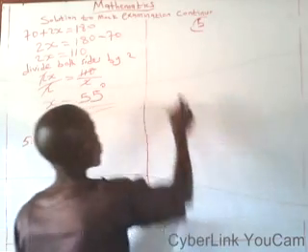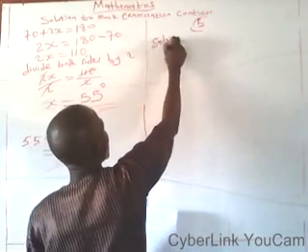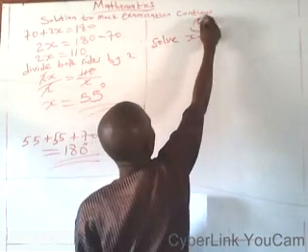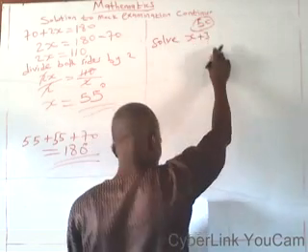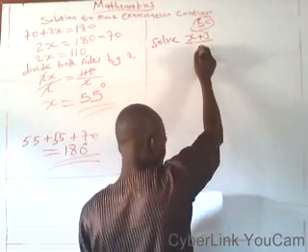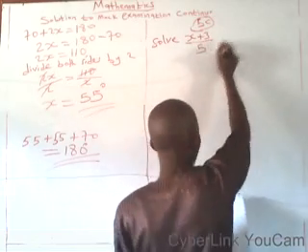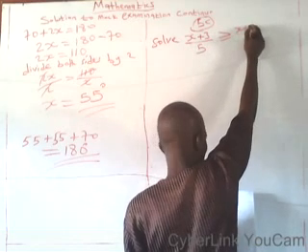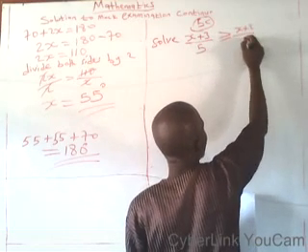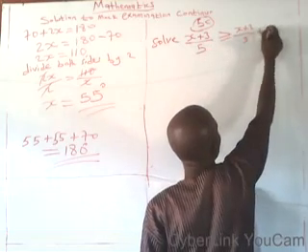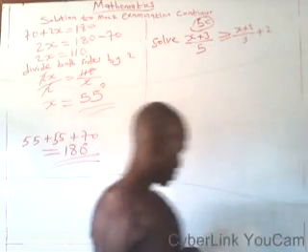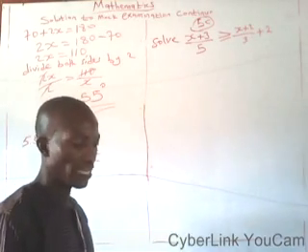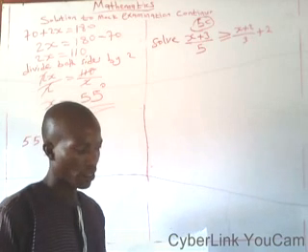You have to solve this inequality: (x plus 3) all over 5 greater than or equal to (x plus 2) all over 3 plus 2. And at the same time, you have to represent your final answer on a number line.